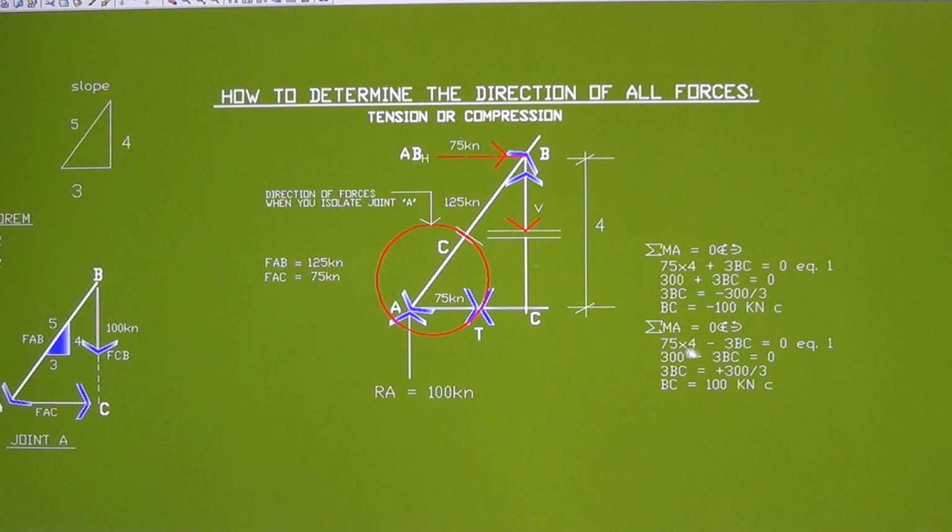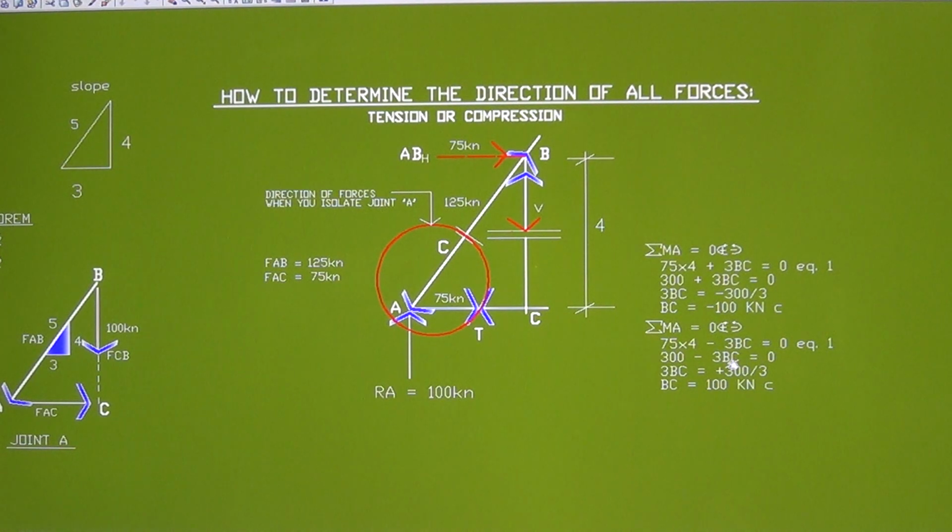So we have an equation like this now: 75 times 4, that is a clockwise rotation, and the BC, since we assume it's compression now, is minus, counterclockwise. 3 BC is equal to 0, equilibrium equation number 1. This is 300, and this is minus 3 BC is equal to 0.